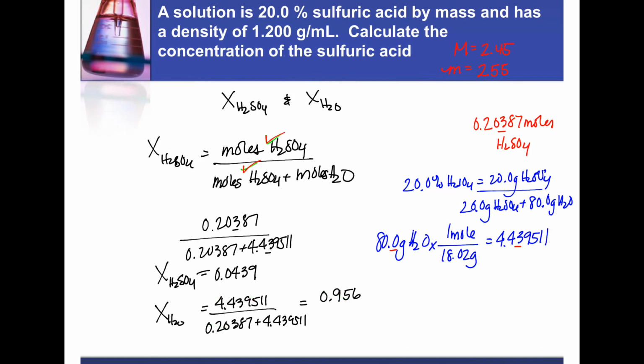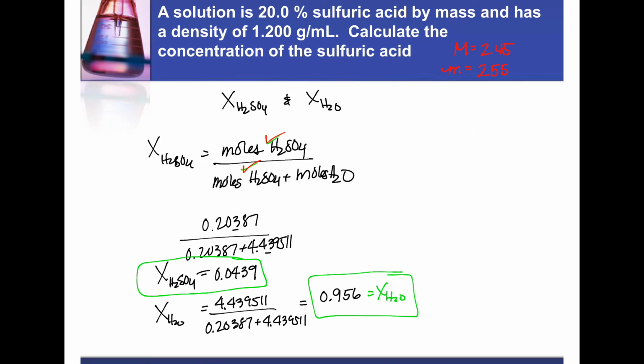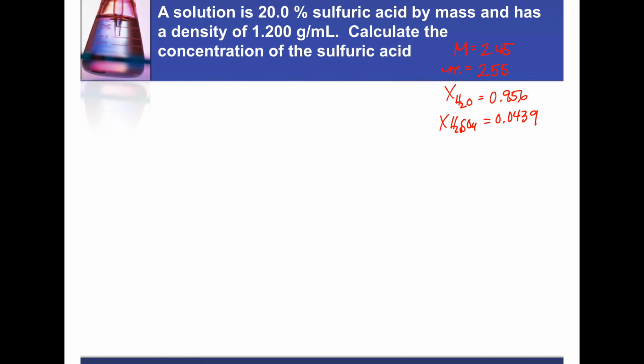But here we have our mole fraction of our sulfuric acid, and we have our mole fraction of water. So I'm going to add those to our list here. And those are all the concentrations the problem asked for.